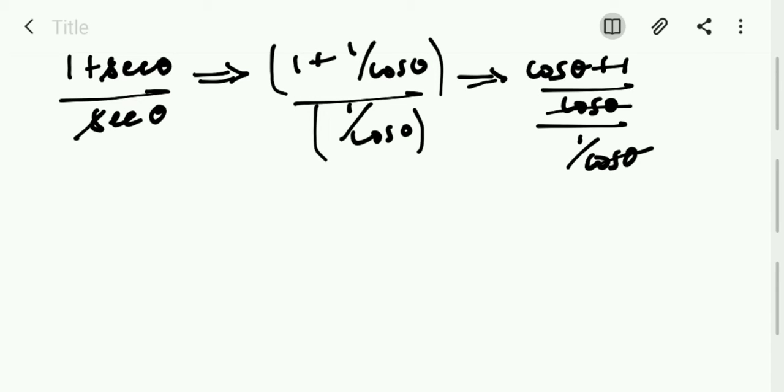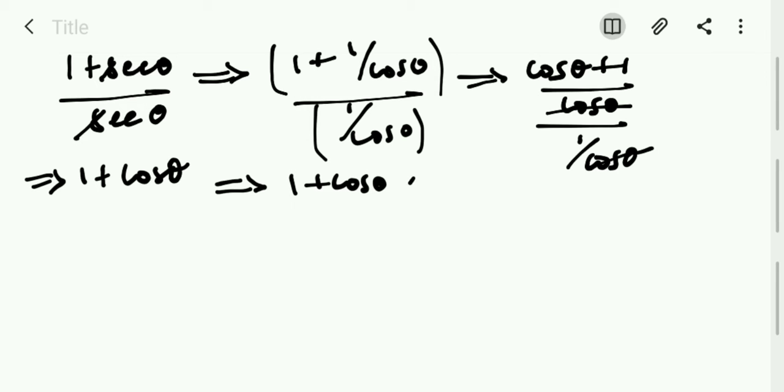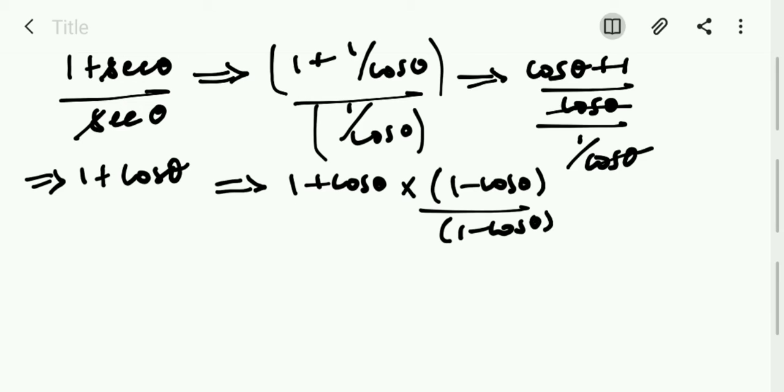So what do we remain with? We remain with 1 plus cos theta. Now what do we need to do? Rationalizing the numerator. I hope you know the rationalizing concept, right? It's very easy. So we multiply by (1 minus cos theta) by (1 minus cos theta).